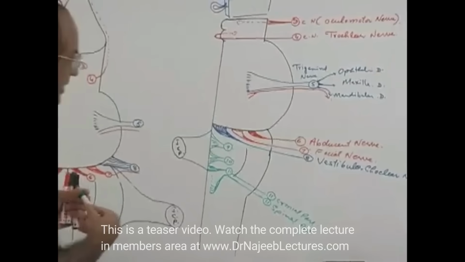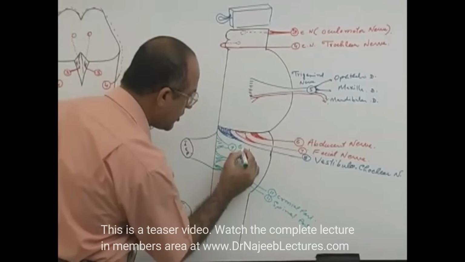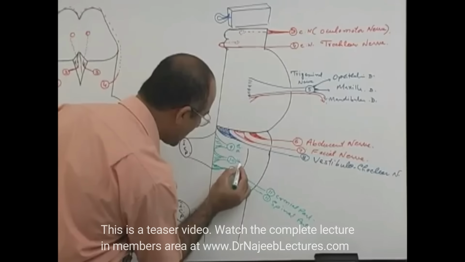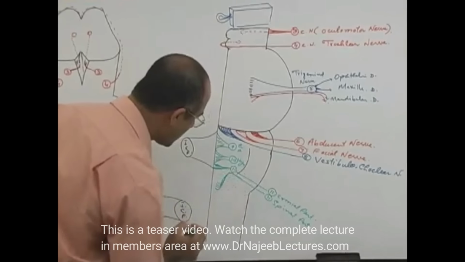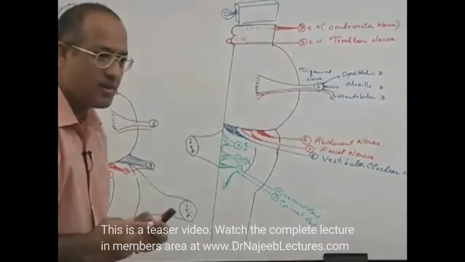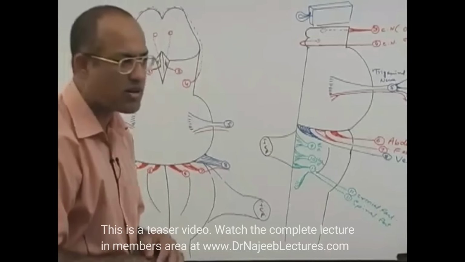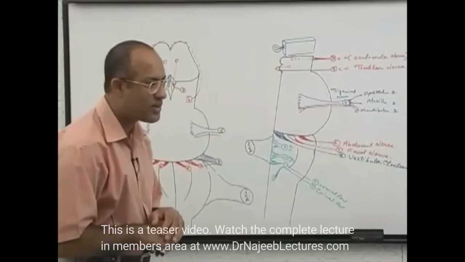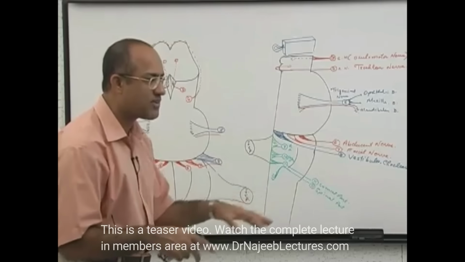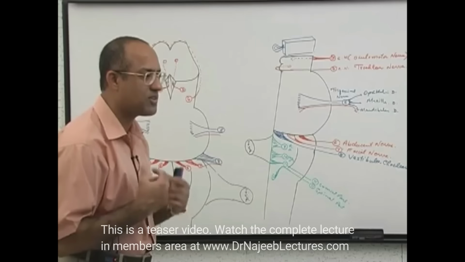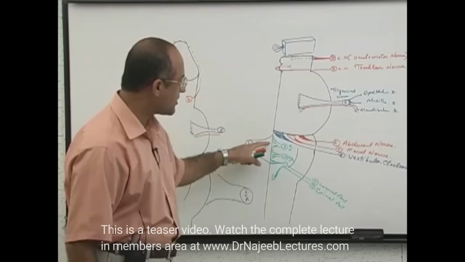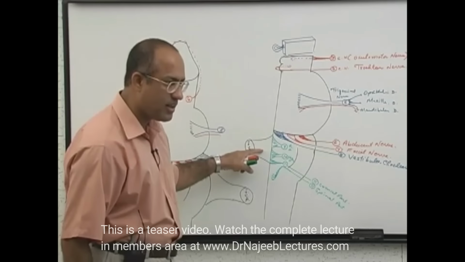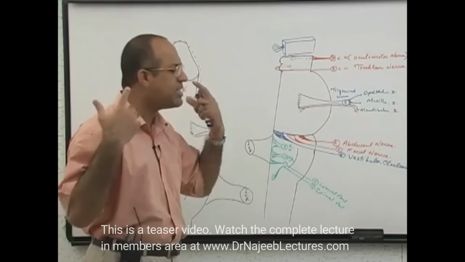Is that right? And the 9th nerve is which one? Glossopharyngeal nerve. And the 10th everyone knows, vagus. Is it from Las Vegas or from where? What is the meaning of vagus? It is from the word vagabond. What is that? Something lost and going everywhere. Actually, when doctors initially found this nerve, they came to know it comes out from a sulcus between the olive and inferior cerebellar peduncle, but it goes down, supplying many structures.